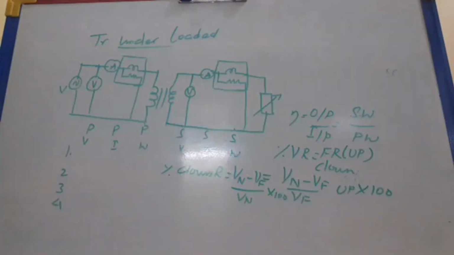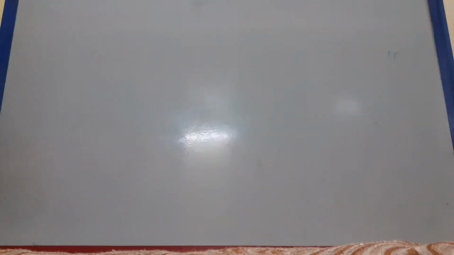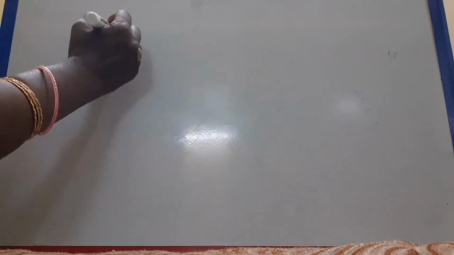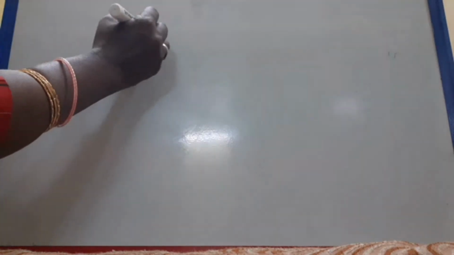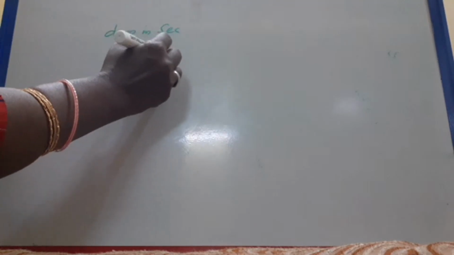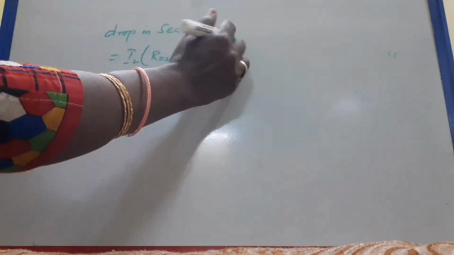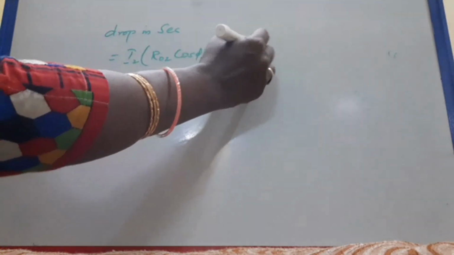These are the things we have seen in the transformer. Based on that, we have seen the problems also. We can identify the drop in the secondary winding: I2 R2 cos phi 2 plus X2 sin phi 2.